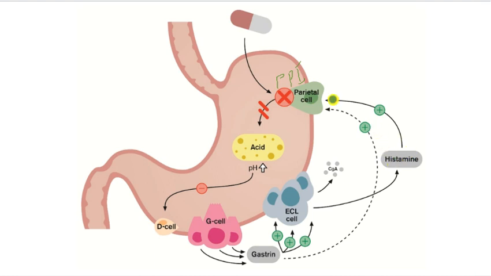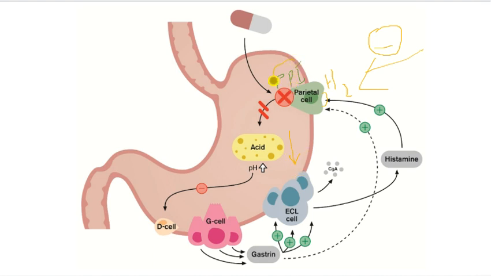Here our parietal cell has what? The H2 receptor, not H1. So drugs which can block the H2 receptor will block the binding of histamine with the parietal cell. So acidity also decreases in this case.